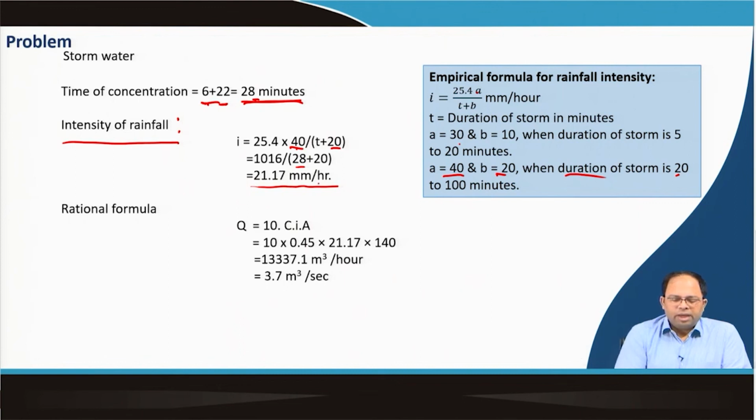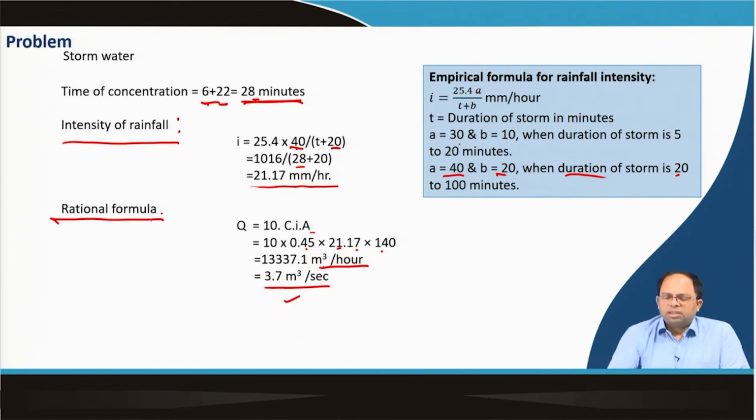Now the rational formula gives us 10 into CIA. That is 10 into 0.45 into 21.17 into 140, which is 13,337.1 meter cube per hour. That comes to around 3.7 meter cube per second of flow generated because of storm water.